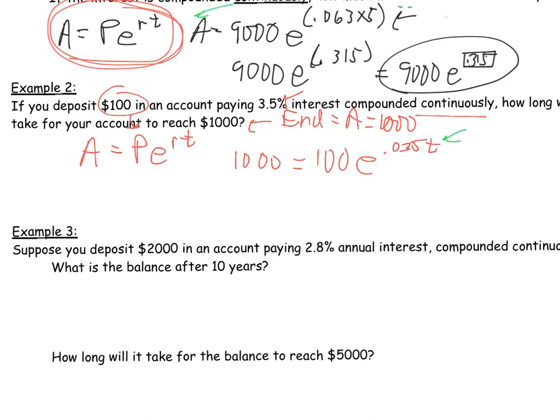So in order to find this, we're going to have to use logs to each side. So we got to get this right here, e to the 0.035 t power by itself first. So we're going to divide both sides by 100.